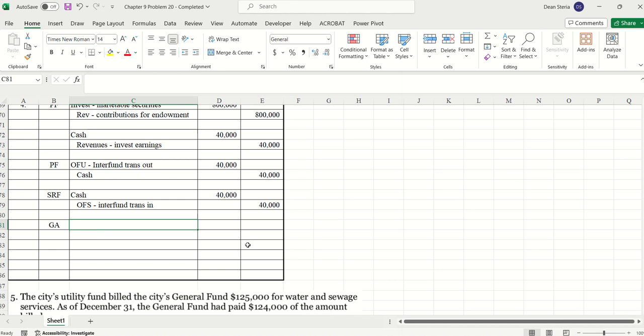And that's going to be investments, marketable securities, then we're going to have our general revenues, contribution for endowment. And that is going to be the 800.